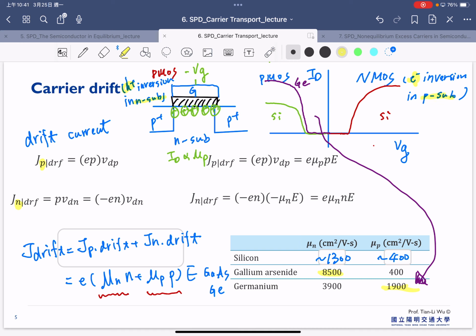So that's the difference between NMOS and PMOS. Of course, later when we talk about the MOSFET, we will talk about this again. But by the time we talk about the MOSFET, you should already be familiar with this.